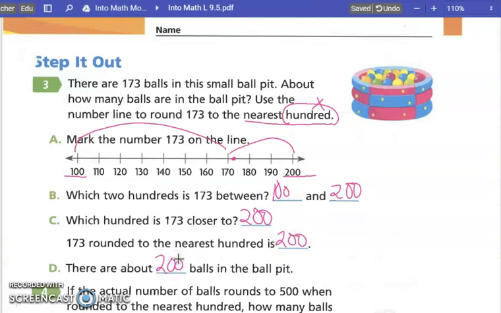Now let's talk about it like we did the one up above. We're rounding to the hundreds place, right? So we're going to look at the 7. Does 7 make this hundreds place go up? Is it 5 or greater? Yes. So when we see 7, we know we're going to have to round it up.